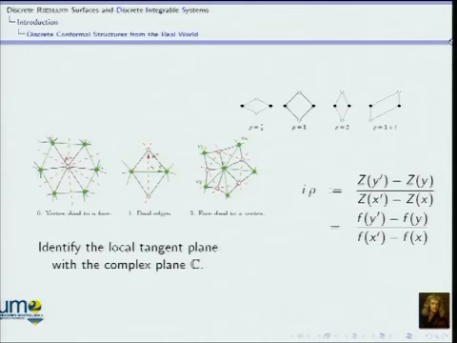But sometimes you don't have an embedding of your graph in the complex plane. Let's say you have a surface in 3 dimensions. In computer graphics, they like these kinds of things. How do you understand that as a discrete conformal structure? Well, you have to locally identify the local tangent plane with the complex plane C.